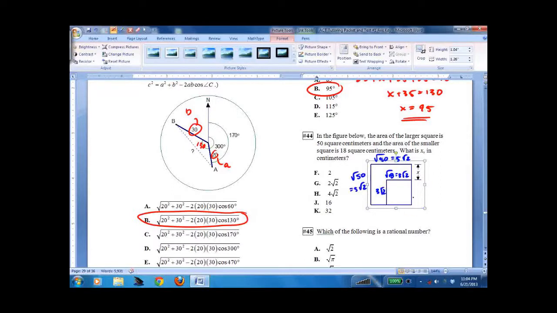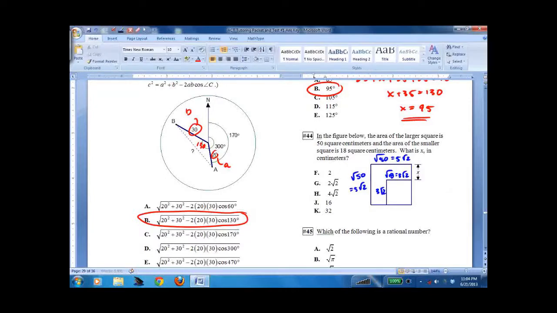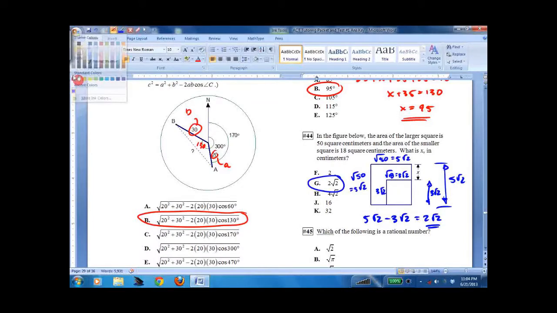So what's x? Well, to find x, we have to subtract. This is 5 root 2. This is 3 root 2. 5 root 2 minus 3 root 2, 2 root 2. Tricky little problem, but very doable.